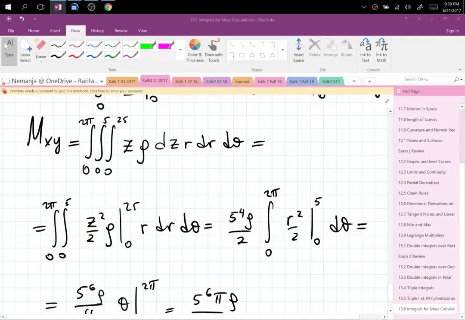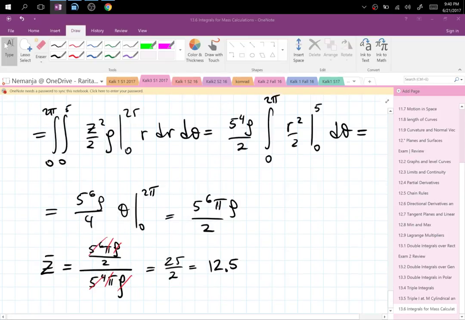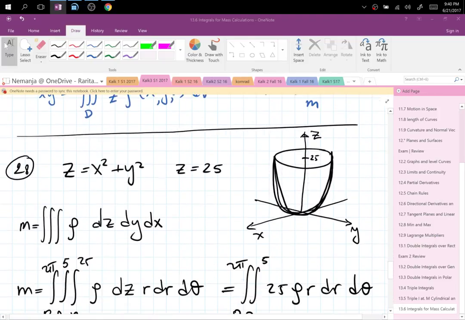When you integrate that, you bring in 5, then brings extra 2 5s, so now you have 5 to the 6th over 4 rho theta, and then 2 pi. 2 pi cancels that one. Yep. There is some calculation error, so I don't see where.